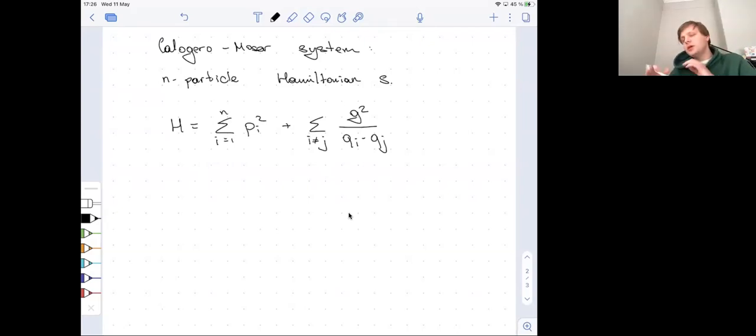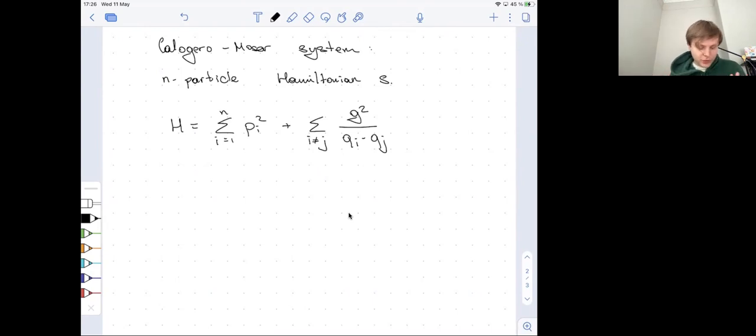It is known to be integrable. Calogero found this while studying some quantum mechanical potentials which are integrable in the sense that he can compute the spectrum.